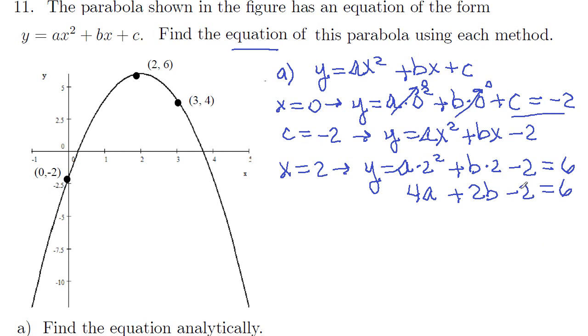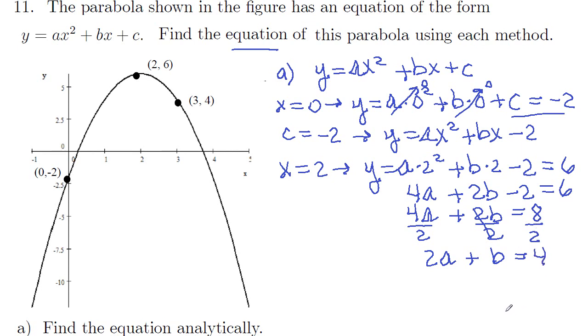Then add 2 to both sides, so 4a plus 2b will be equal to 8. Notice everything's divisible by 2, so let's divide by 2 all the way across. 4 divided by 2 is 2, so 2a plus b equals 8 divided by 2, 4. That gives us one equation in a and b.